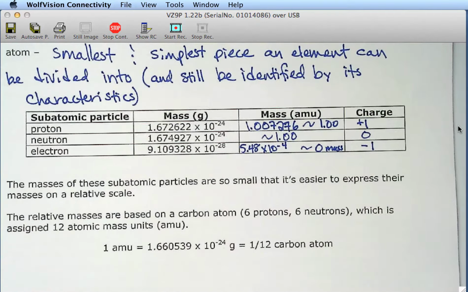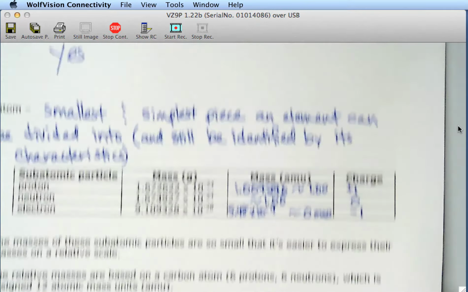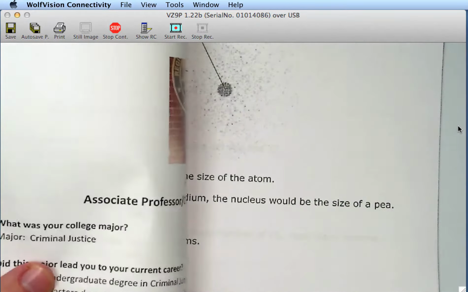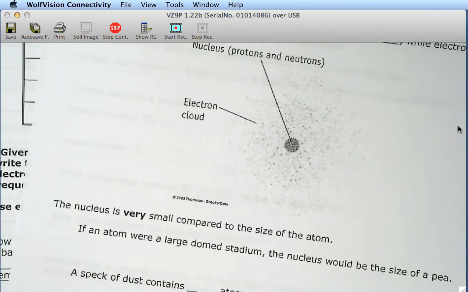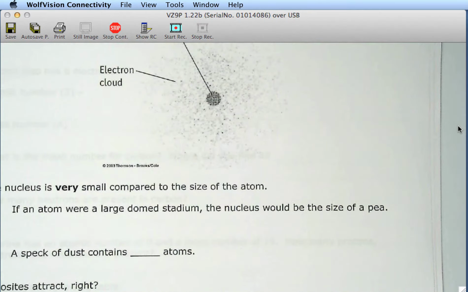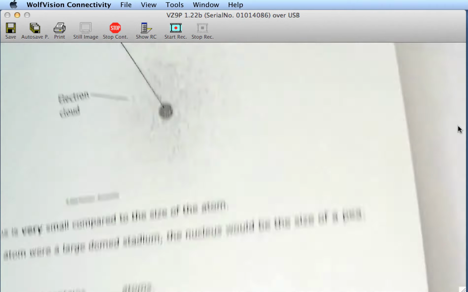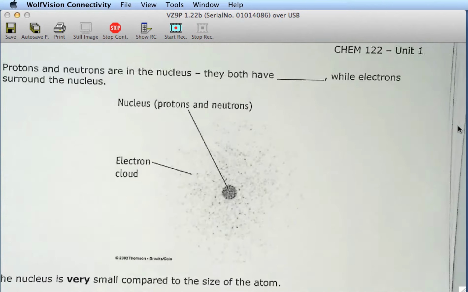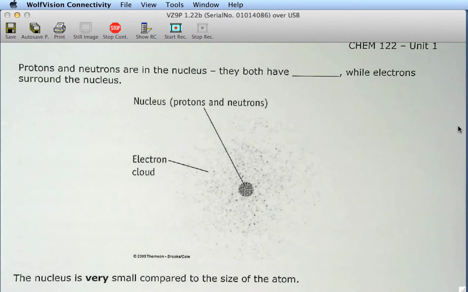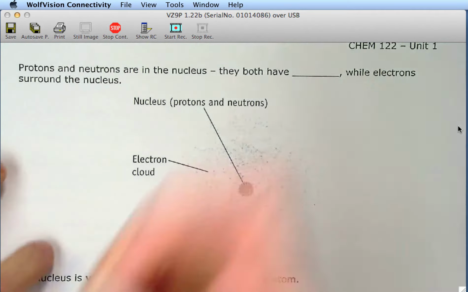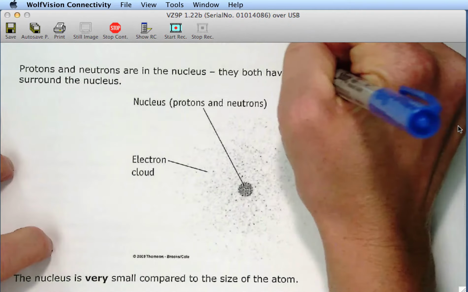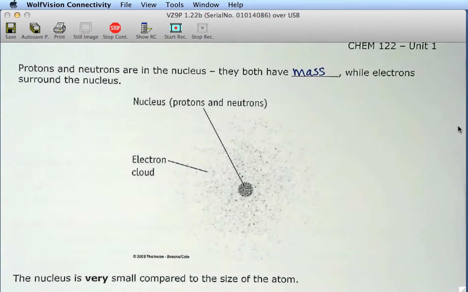So now we'll talk about how these subatomic particles are oriented in the atom. So protons and neutrons are in the nucleus. They both have mass, while electrons surround the nucleus.